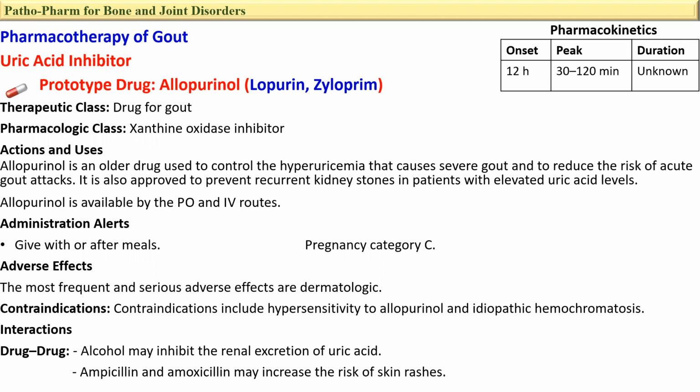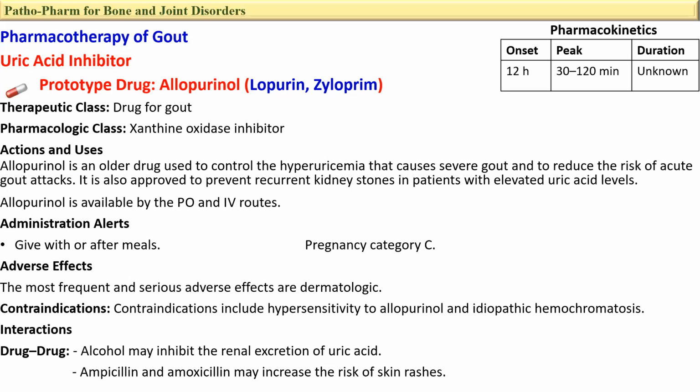It will reduce the risk of acute gout attacks. So this is a very effective drug for gout, and it's usually available as a PO and an IV drug.